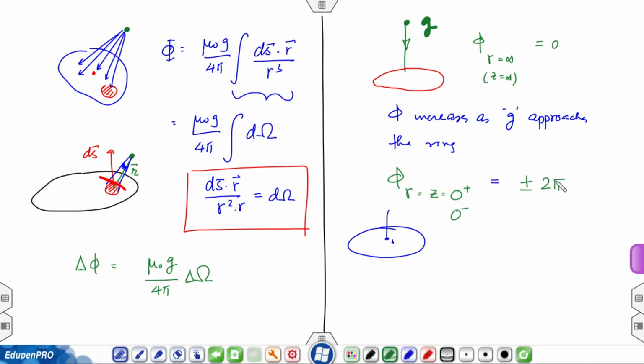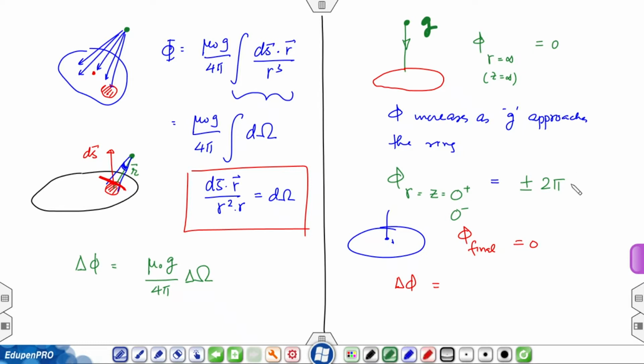So, as it crosses the ring, the change in the flux is going to be 2 pi, and then phi final is again going to be 0. So, all that is happening is that delta phi is going to be equal to, or not phi, this is omega, sorry, I should have been writing omega.